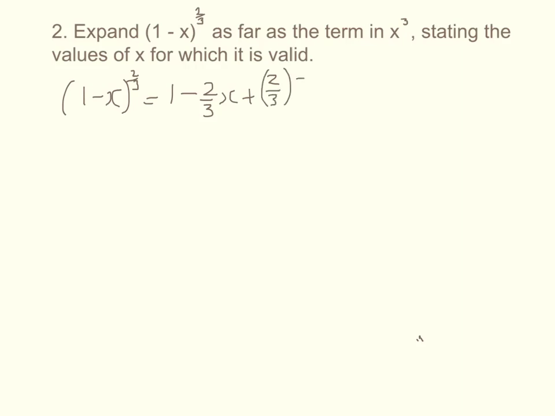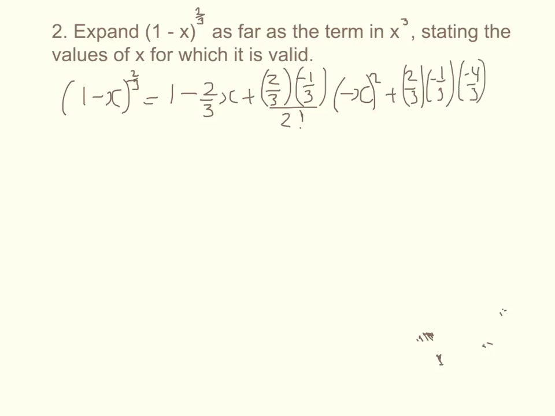So 2/3 minus 1 is minus a third, over 2 factorial, and that's going to be minus x squared, and then 2/3 times minus a third times minus 4/3 over 3 factorial, minus x cubed. Okay, we can stop there because we're asked only to go as far as the term in x cubed.